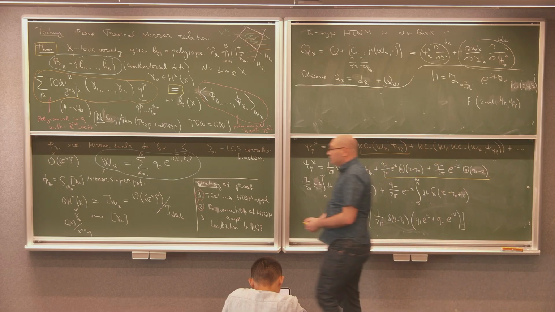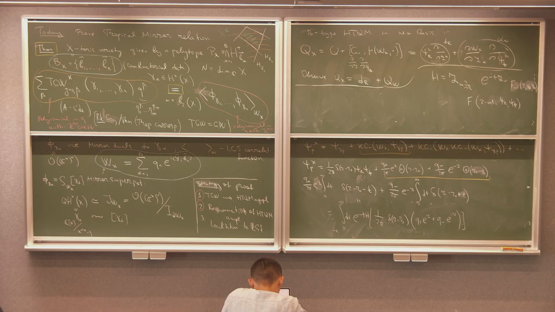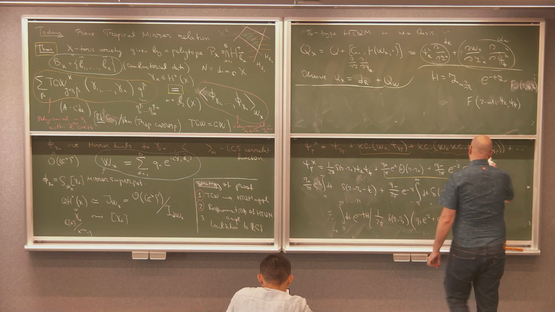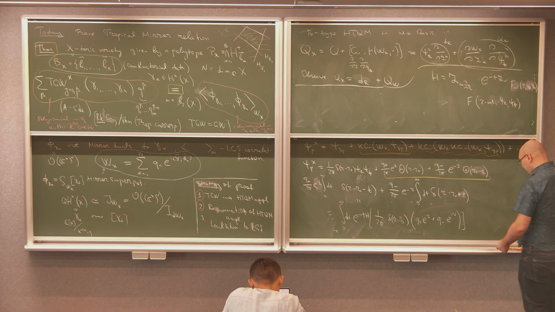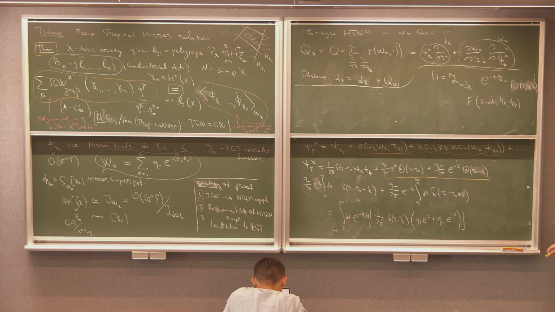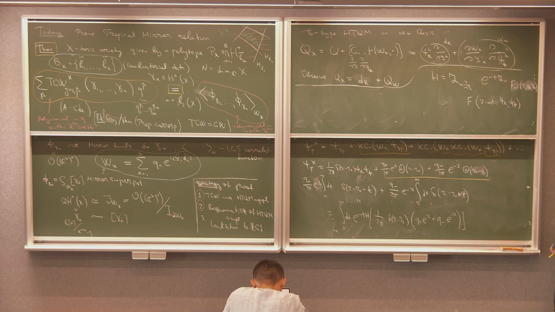Okay, so what about the next term? What about this term? For this term, we already computed the yellow part. The yellow part is this kg minus wx gamma b.